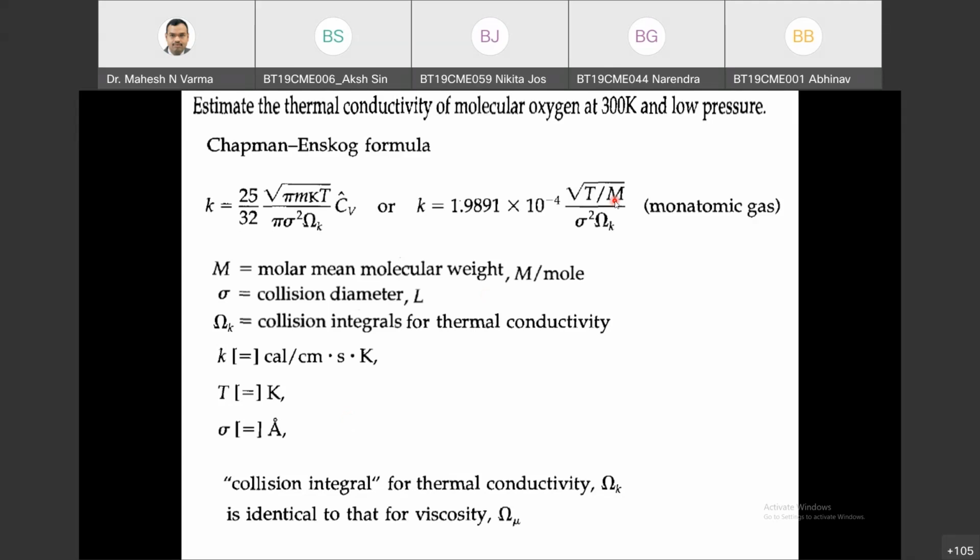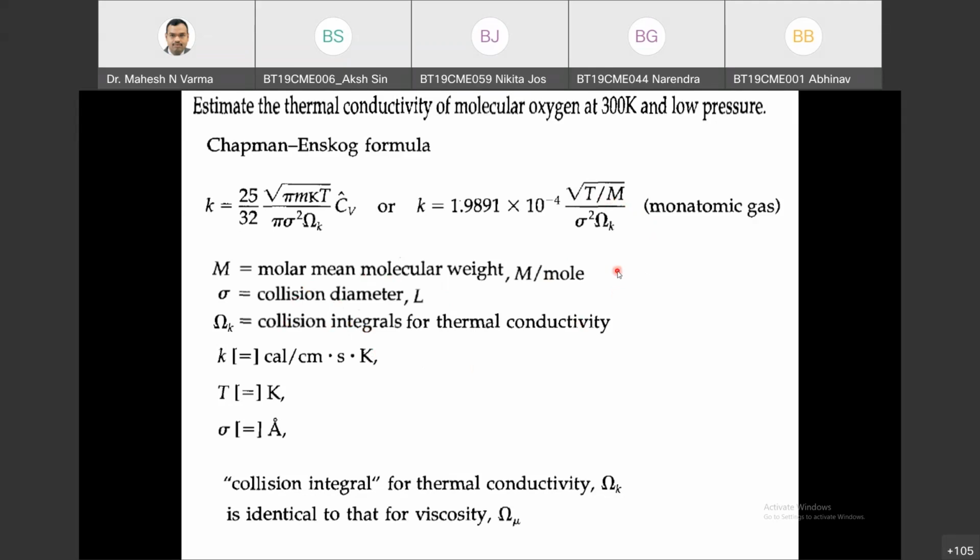Just a point to be noted here: sometimes it is defined with a collision diameter and a collision integral, and this might be given in other formats in different books. That data will be available in their appendices.